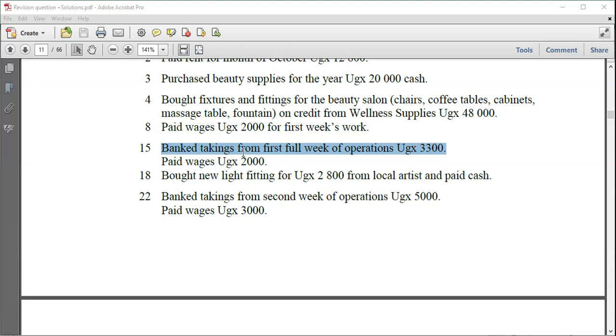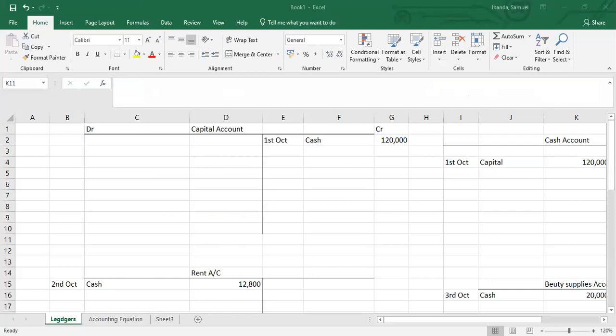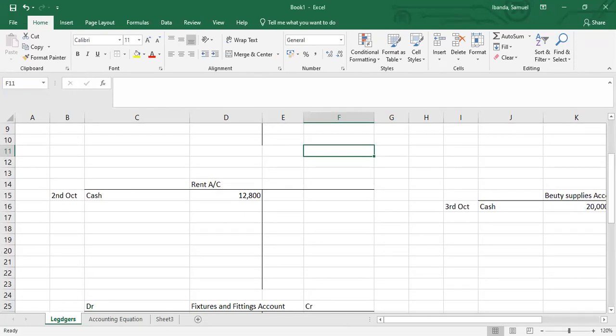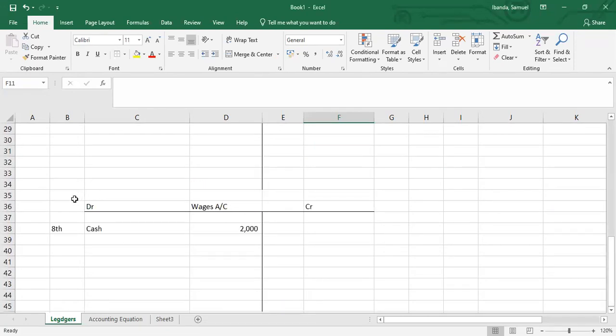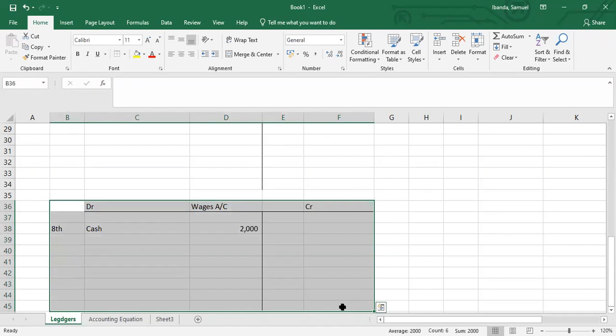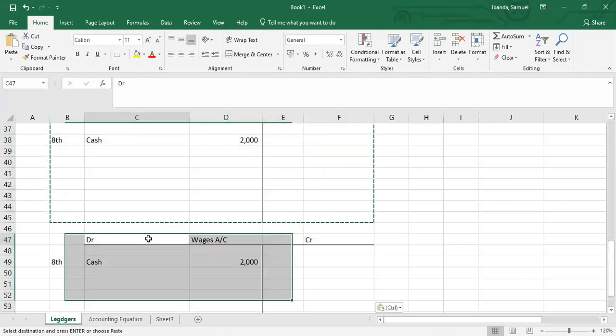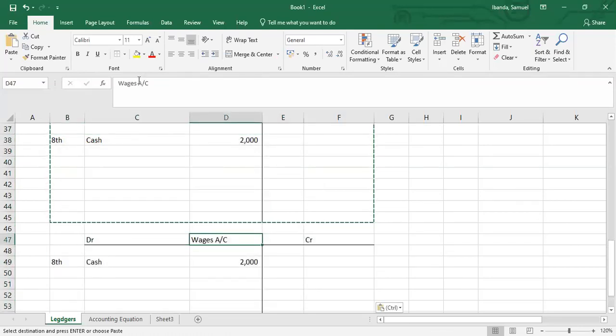So we're going to effect the transaction where they're saying banked takings of 3,300. We shall open up a new account to recognize the revenue, and I'll call this revenue account.